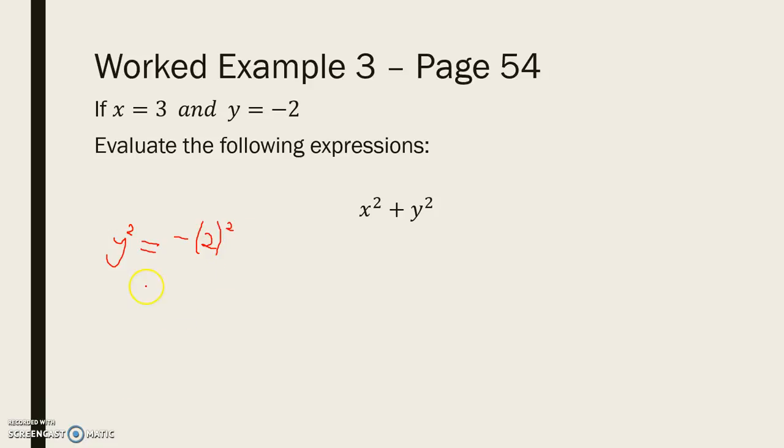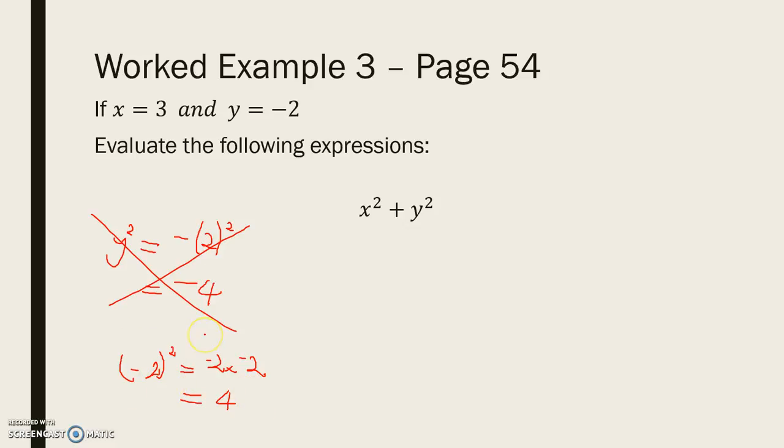So 2 squared is 4, and that becomes negative 4. So that's wrong, because what we're actually doing is substituting in negative 2 squared, all in brackets, which is negative 2 times negative 2, which equals positive 4.